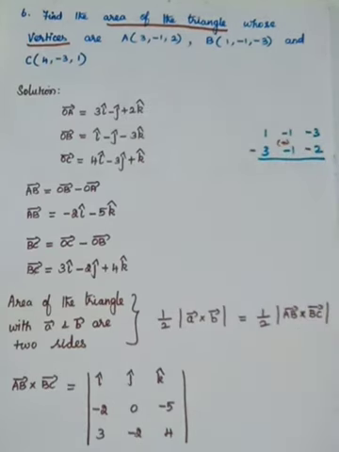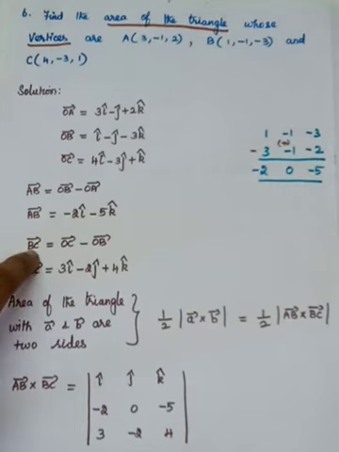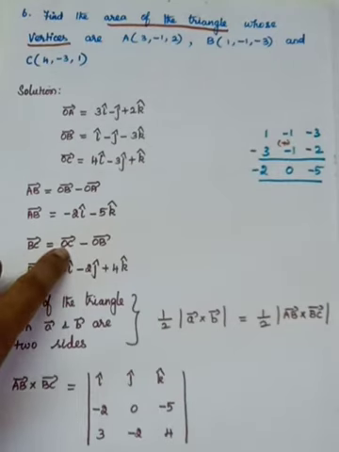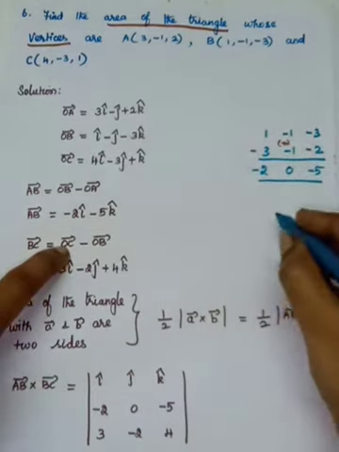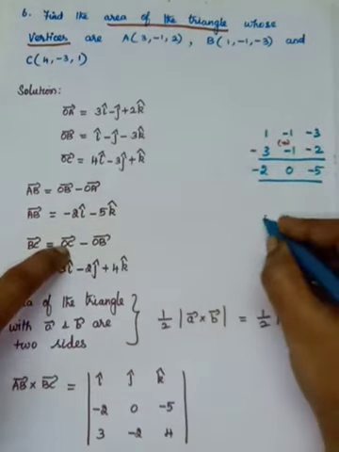Next side you have to find. What is it? It is the BC vector. When you use position vectors, how will it be written? Position vector of the second point minus position vector of the first point. So OC vector minus OB vector. Here the first vector is the OC vector. Write the components in the rough work: 4, minus 3, 1. And next you have the OB vector. Write the coefficients: 1, minus 1, minus 3.